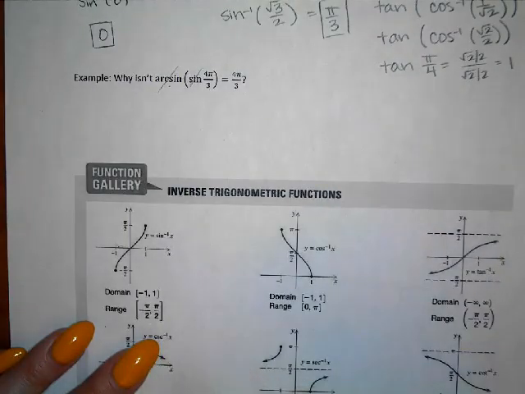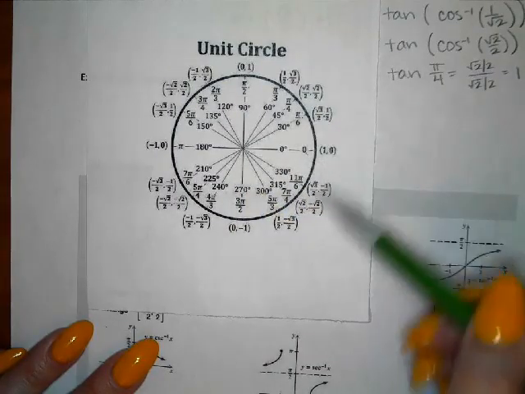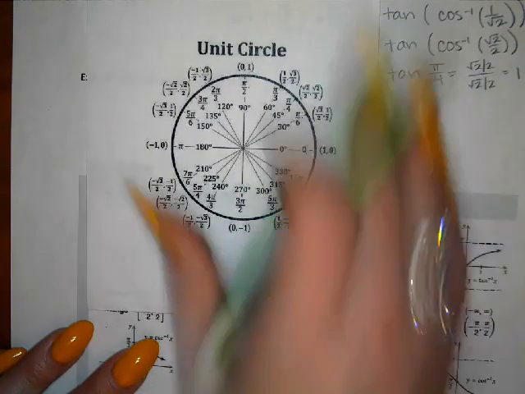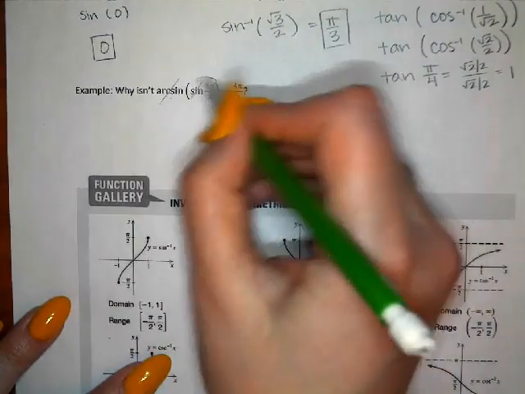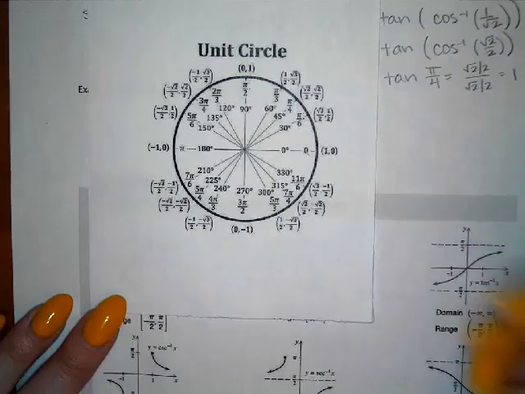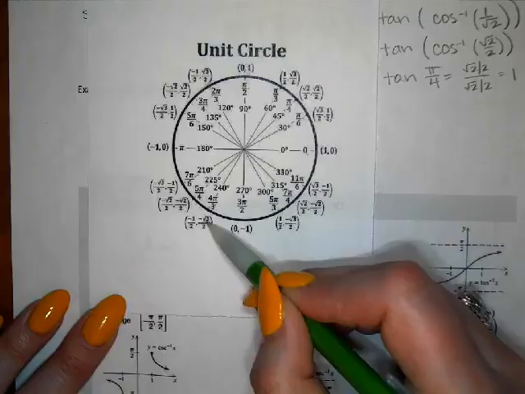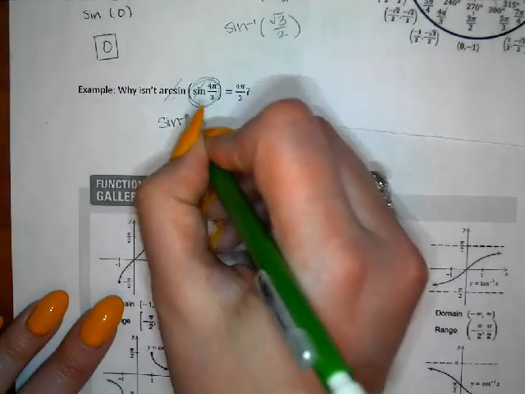The answer has to do with where your answers can be for arcsine or for sine inverse. So we're going to do this problem and then we're going to explain why it doesn't work. We're going to start with the inside, sine of 4 pi over 3. And sine of 4 pi over 3 is over here. It's the y coordinate, negative root 3 over 2. So we are finding sine inverse or arcsine of negative root 3 over 2.